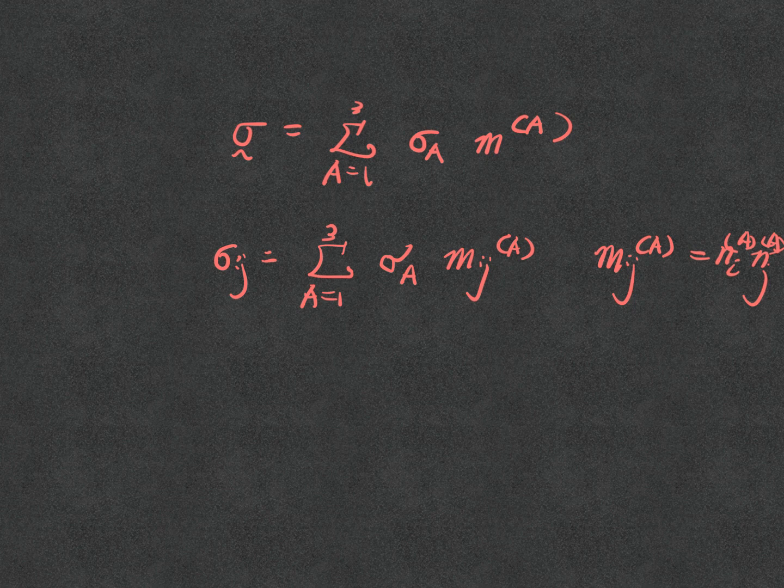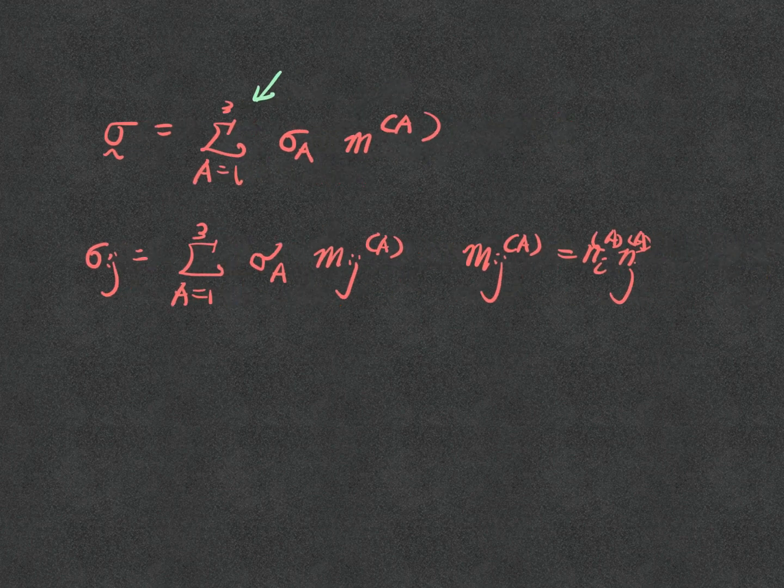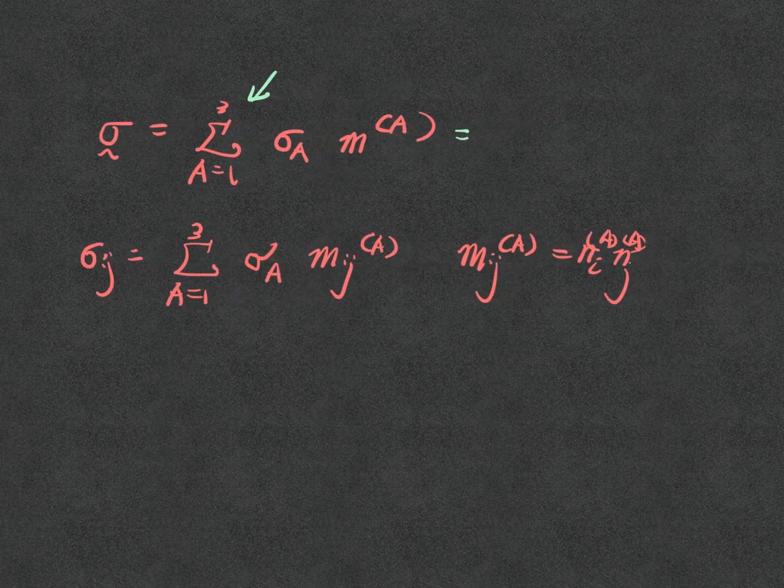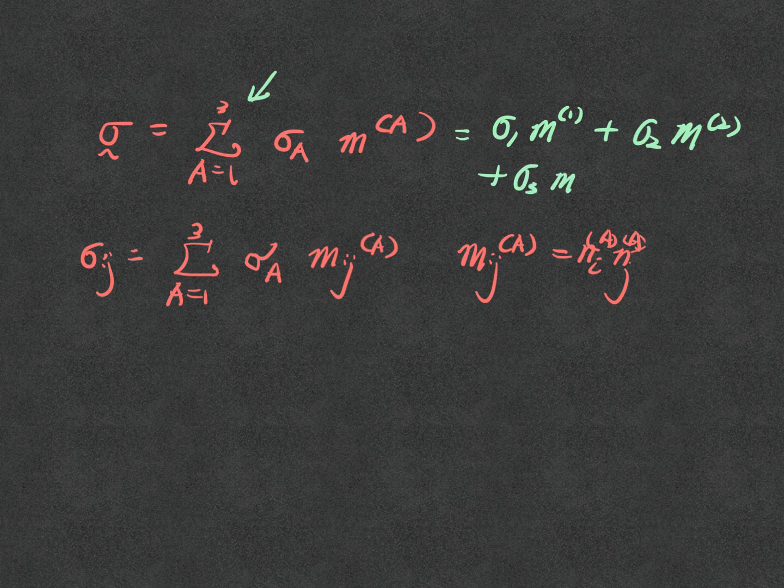Okay, so A is just a counter. Do you know what this summation label means? If I write it in detail, that would be sigma 1 M1 plus sigma 2 M2 plus sigma 3 M3. Okay, does that make sense?